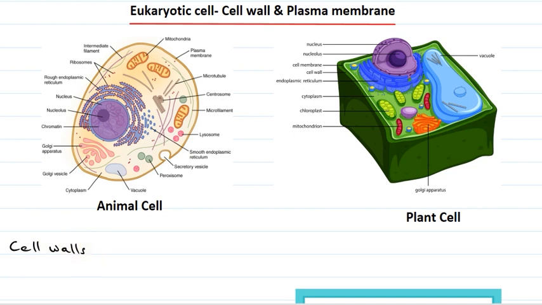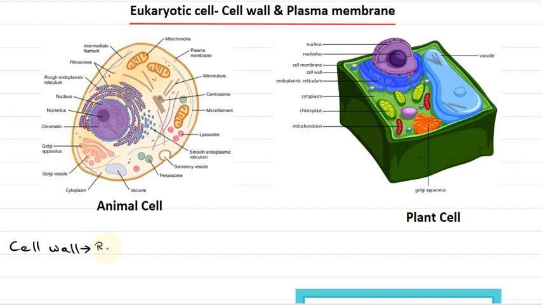The cell wall is a structure that is present in eukaryotic cells like plant cells. In fungi, the cell wall is present, whereas animal cells lack the cell wall. So what is a cell wall?